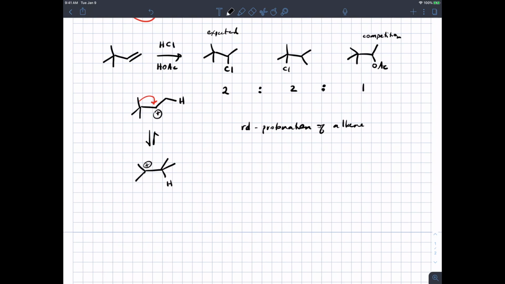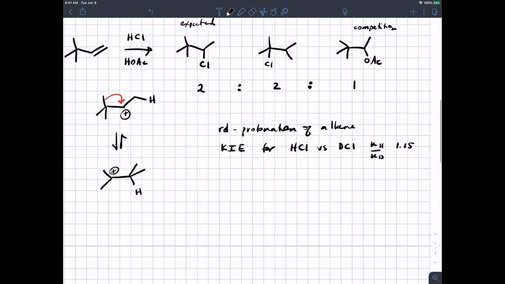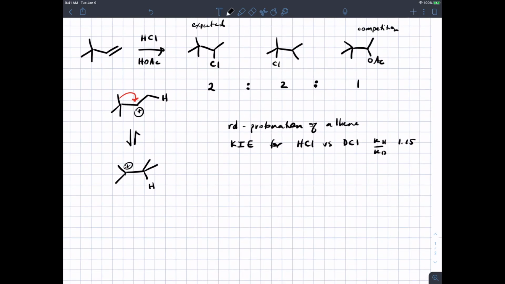In agreement with that, there is a kinetic isotope effect for HCl versus DCl. The KH over KD is small, but it does suggest some amount of proton transfer in the rate determining step. However, all of that's as we expect.